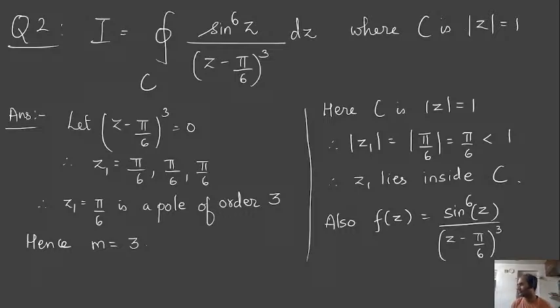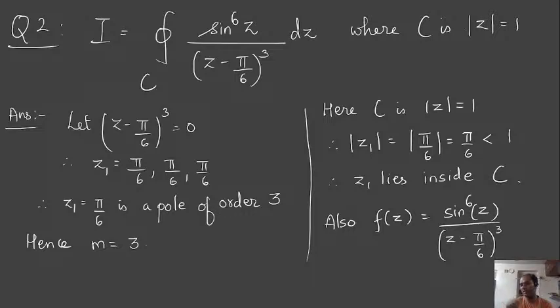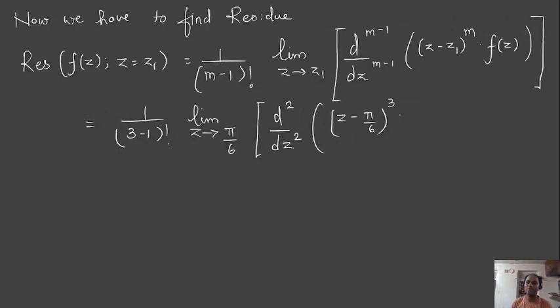So you substitute the value, sine raised to 6z over (z minus pi by 6) whole raised to 3.